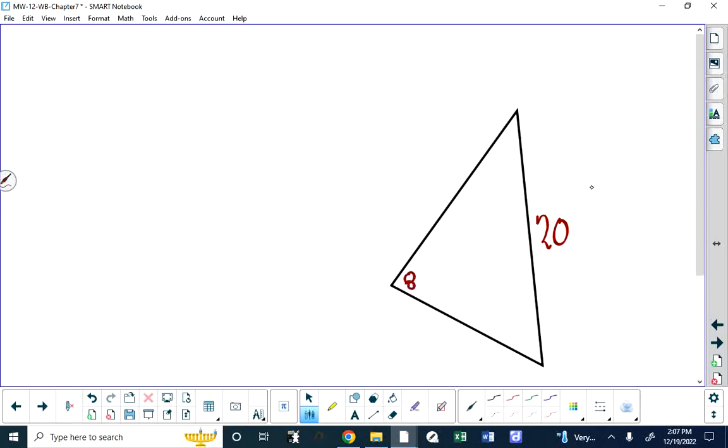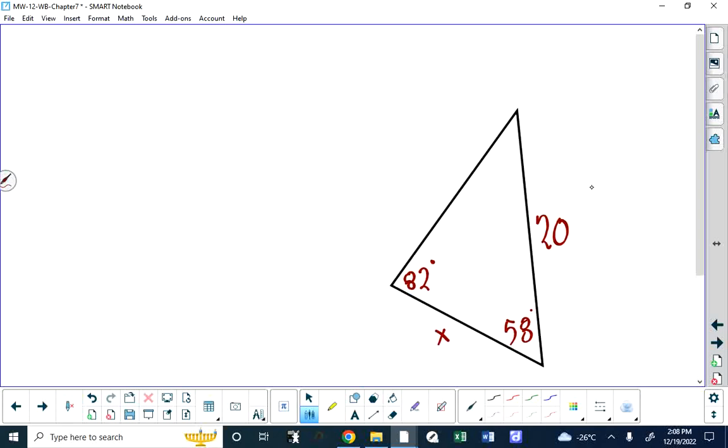This is 82 degrees. This is the side that we want to find, and that's 58 degrees. The last day of classes we were together was Friday. I'm talking about Thursday. And in fact, I believe on Wednesday we did this as well. We found that side using the sine law. I mean, not this side in this triangle, but we did find sides using triangles.